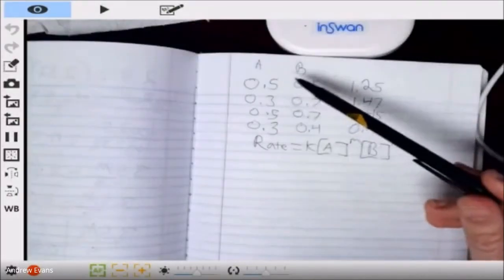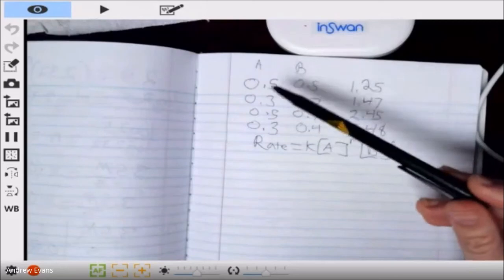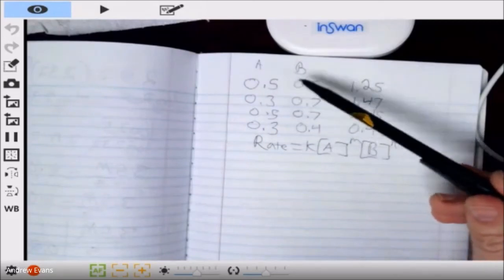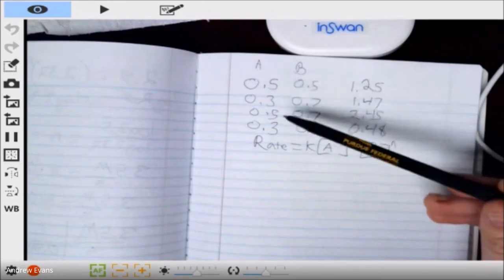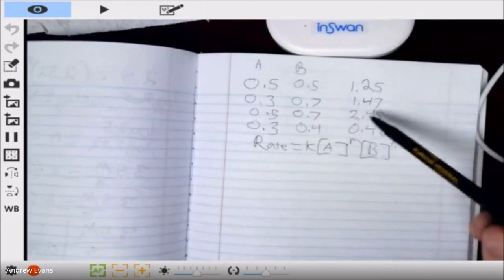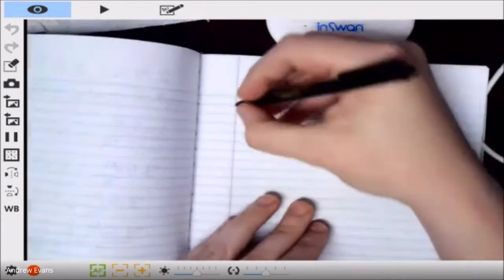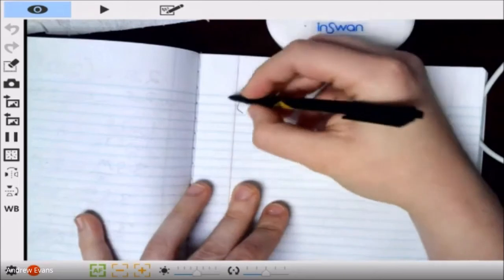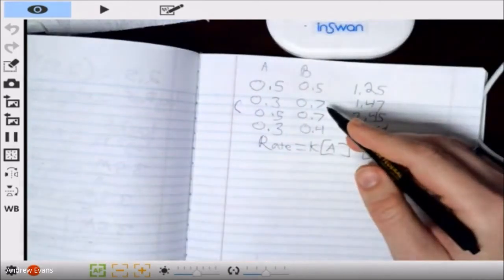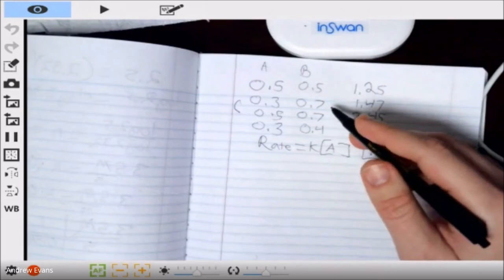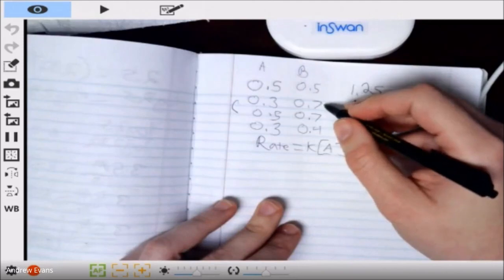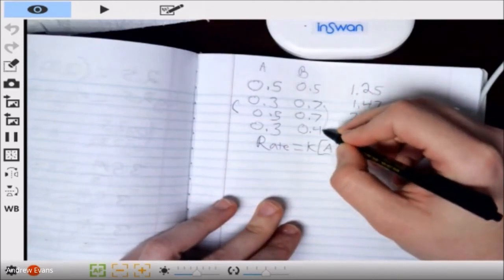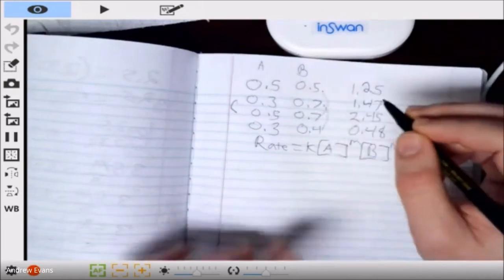But we also have to look at ones where if A changes, B does not change. B does not change in 2 to 3. We could also look at which one B changes and A does not change: 2 to 4 or 1 to 3.